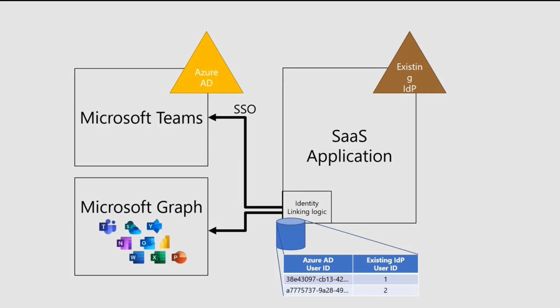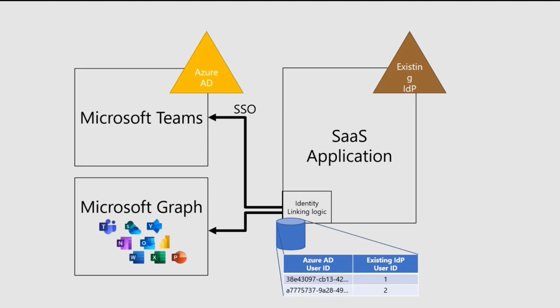In this case, I'll show you the database in the demo that follows, but it is just a very simple little JSON-based database. And we're going to put the Azure AD user IDs and the SaaS application's user IDs into a table so that when a user logs into Teams with single sign-on, instead of making the user log in again, we're going to do our authorization based on the linked identity.